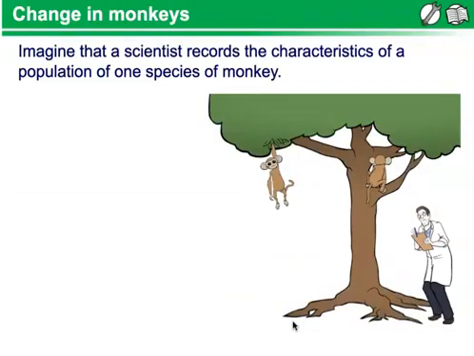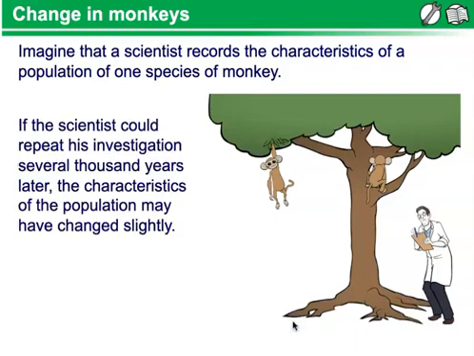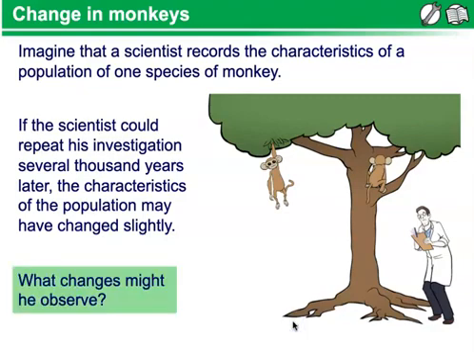So, change in monkeys. Imagine that a scientist records the characteristics of a population of one species of monkey. If the scientist could repeat the investigation several thousand years later, the characteristics of the population may have changed slightly. This may be physical or behavioral changes.